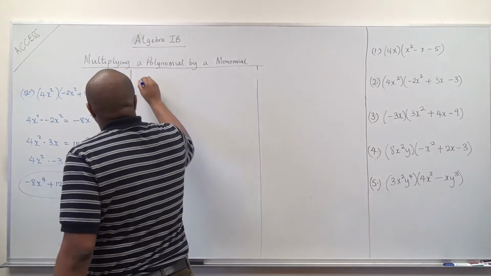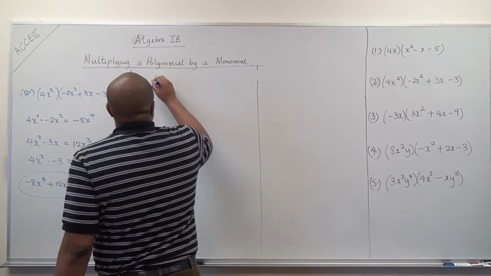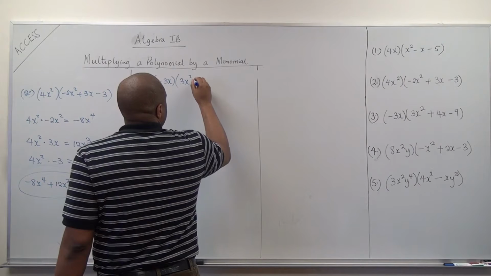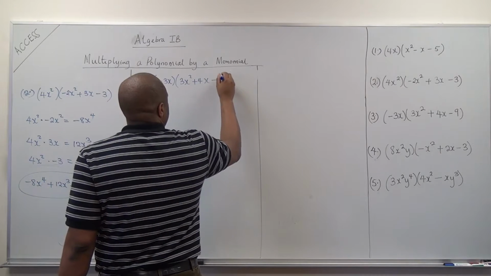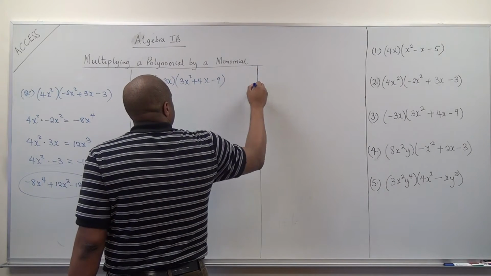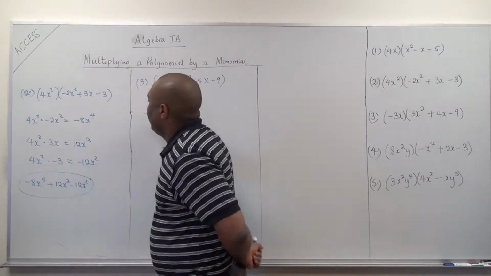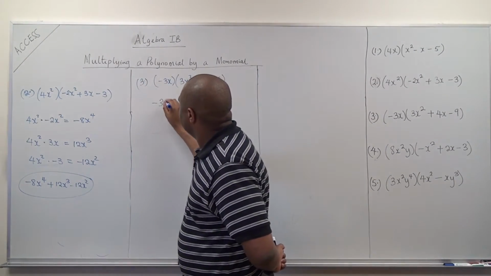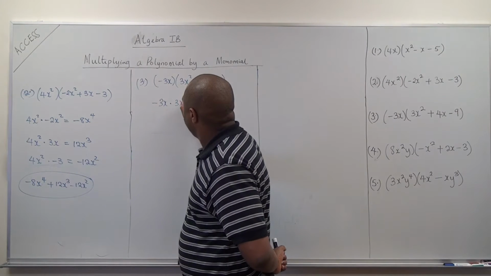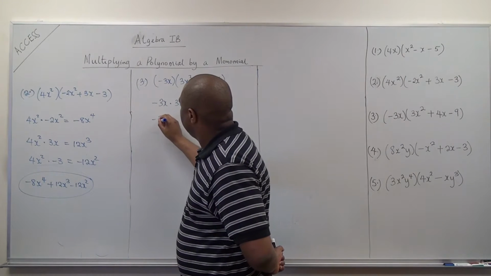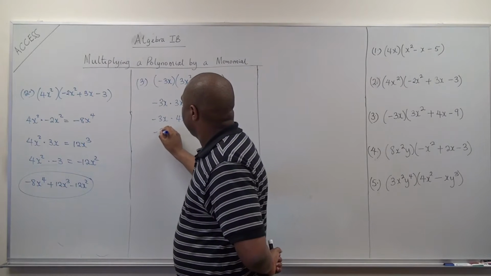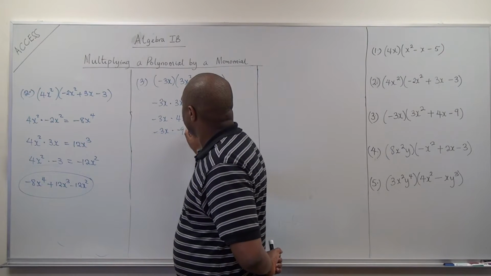Okay, number 3. We have negative 3x times 3x squared plus 4x minus 9. So this is negative 3x times 3x squared, negative 3x times 4x, negative 3x times negative 9.